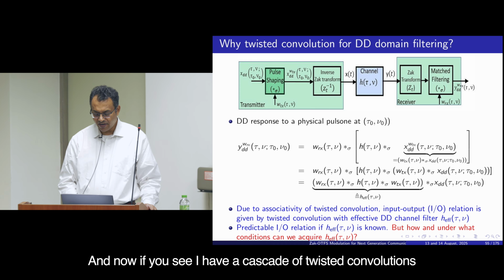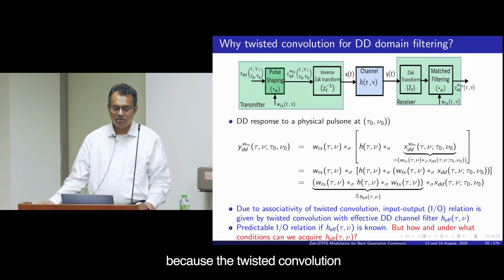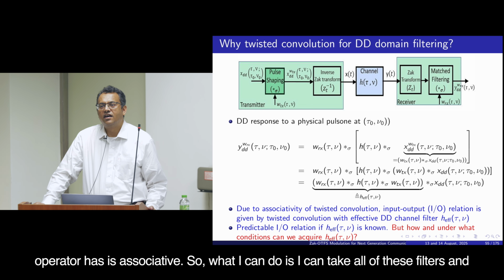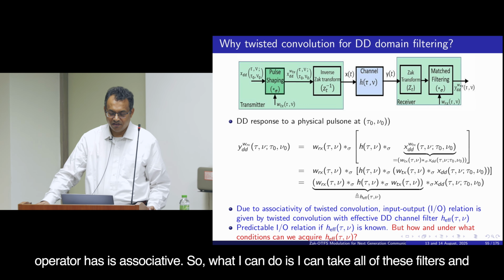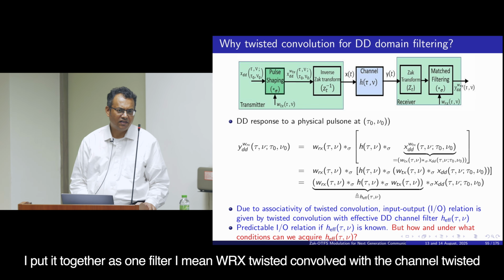And now, you see I have a cascade of twisted convolutions, and because the twisted convolution operator is associative, I can take all of these filters and put them together as one filter.